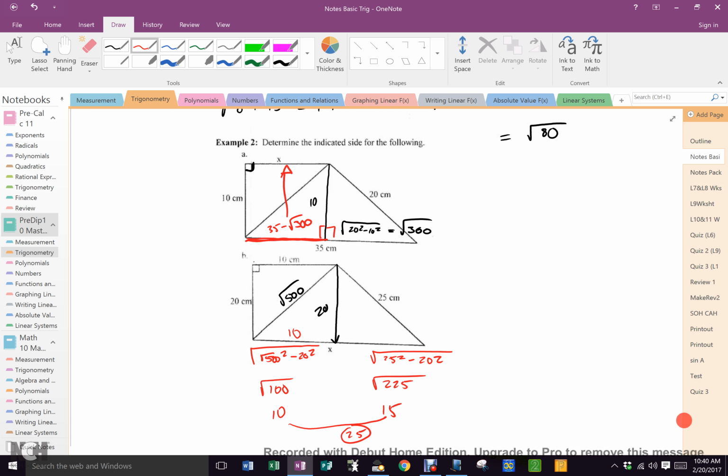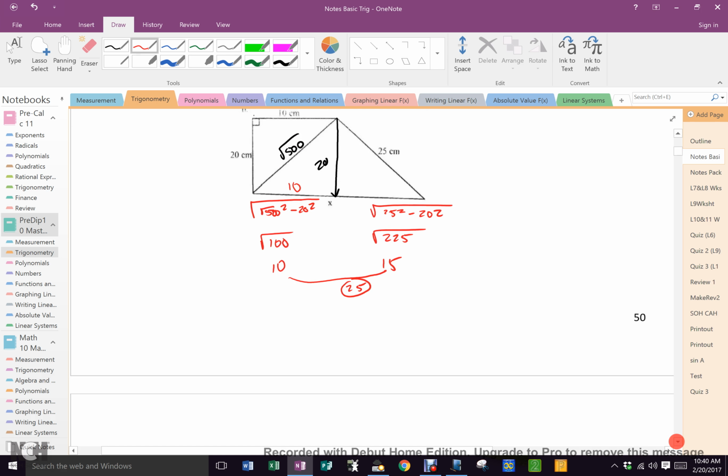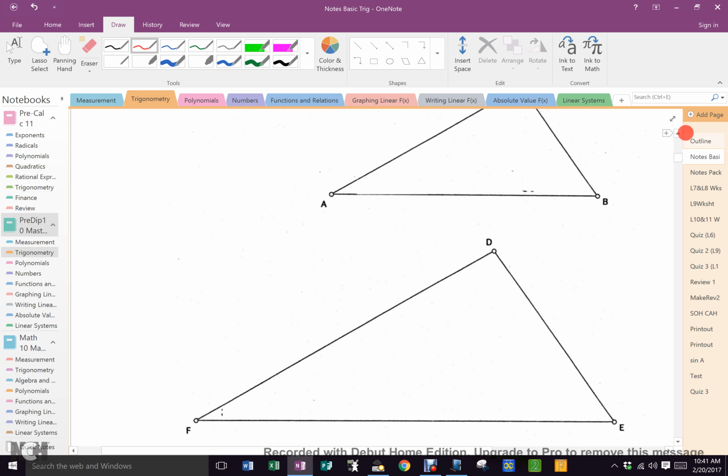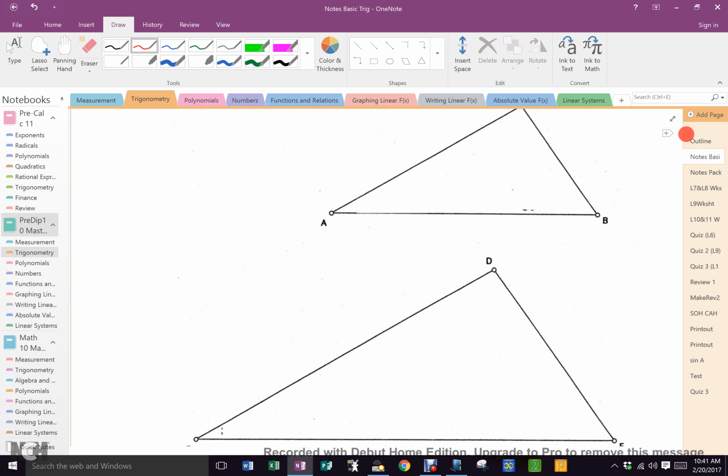Now, the next thing that becomes important here is you have to remember: looks don't matter. Okay? You use the information that you have. Cool? Okay. So everybody remembers Pythagoras, yes?